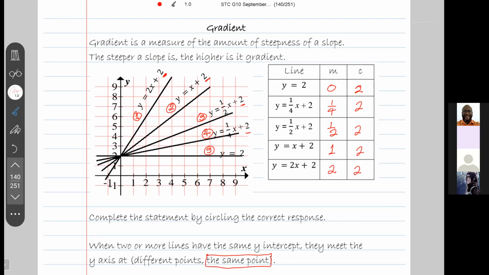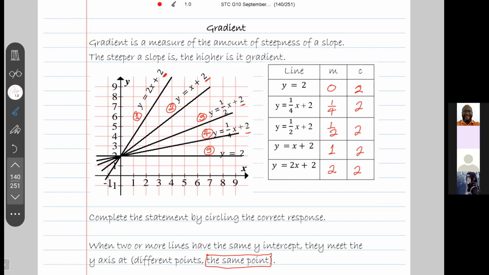Guys, of all of these 5 lines, which line is the steepest? Line 5. Very good. And what you'll notice is that the steepest line has the highest gradient, which is 2.